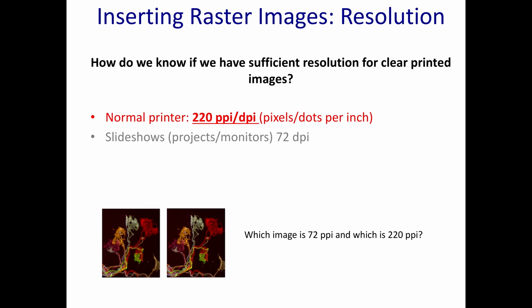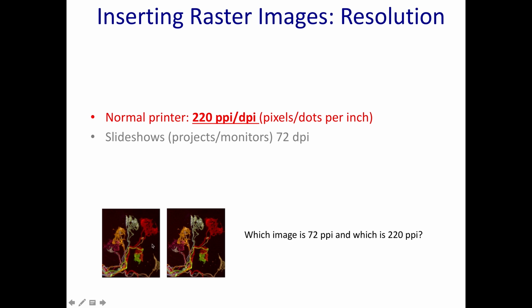And that means that if you have enough resolution to show your image at a certain size at 72 dots per inch, it's going to look really good to you on the screen or on the projector, but it's going to look bad whenever you try to print it out because the printer demands more pixels per inch.